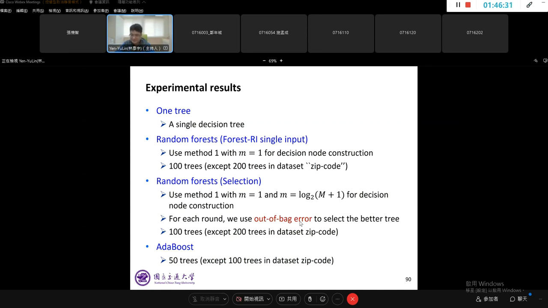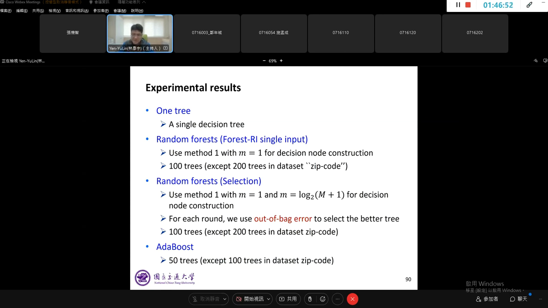Please recall that we use a bootstrapping strategy to generate a new data set. So due to the redundancy, one particular data point may appear several times in the bootstrapped data set.